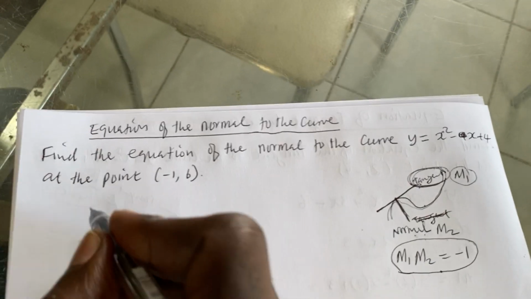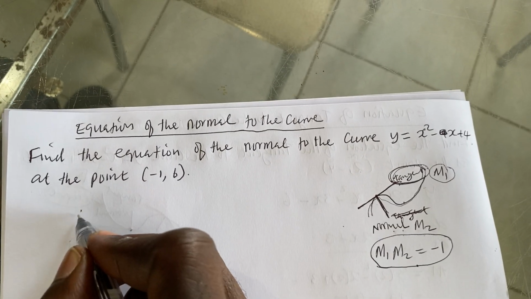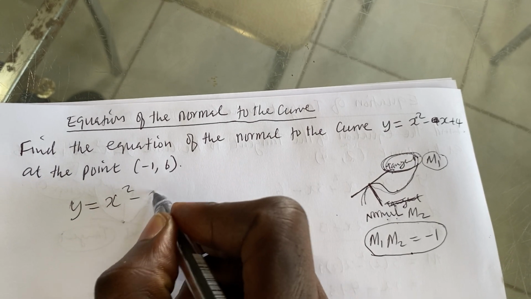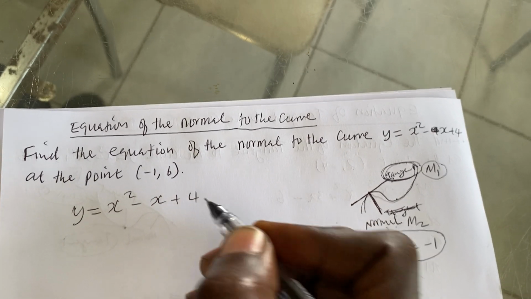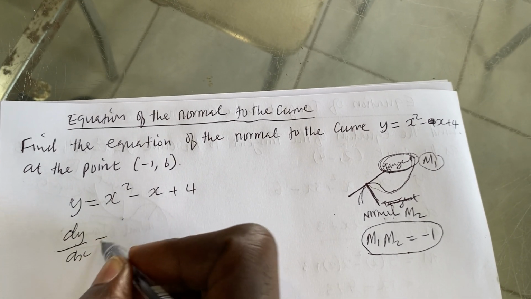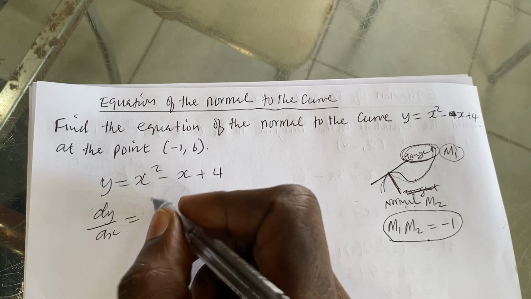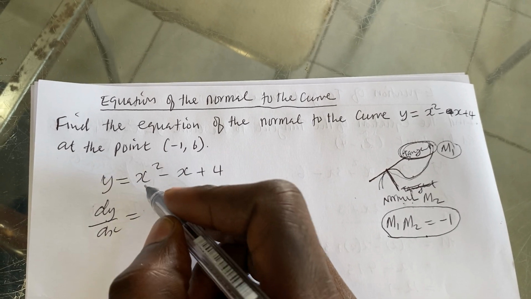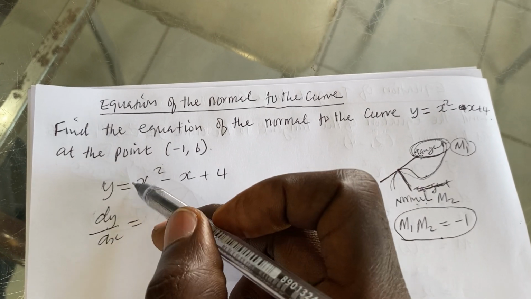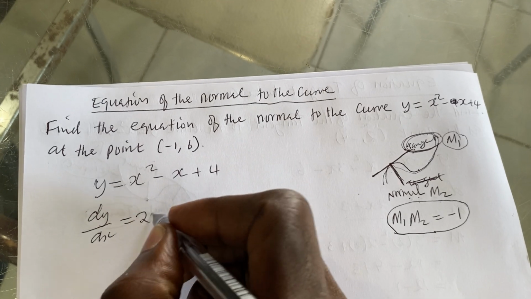We have been given our curve as y = x² - x + 4. So dy/dx will be equal to the dy/dx of x². I said when finding the dy/dx, you get the power, drop it, and multiply by the coefficient of x, so it will give us 2x.